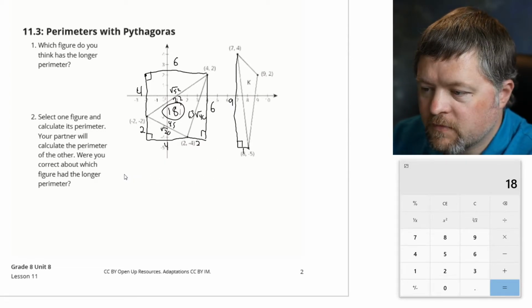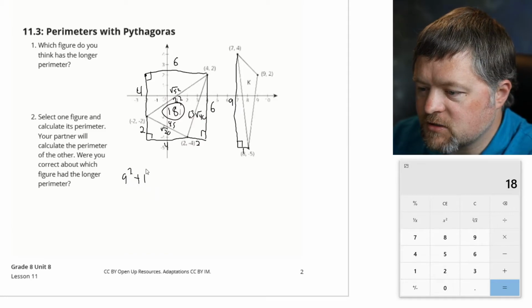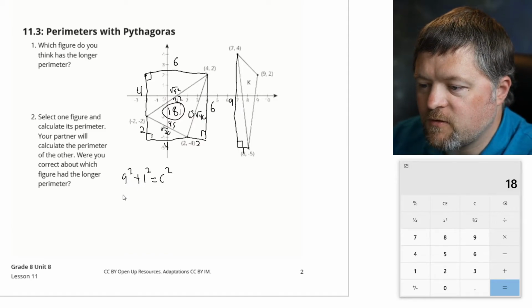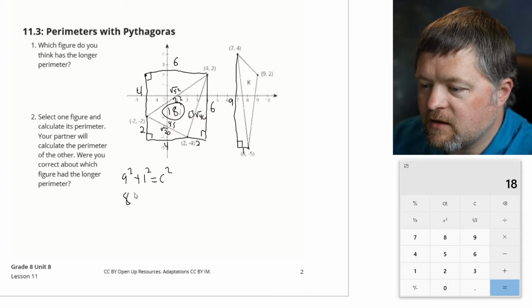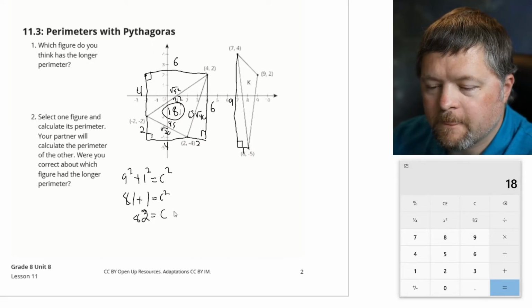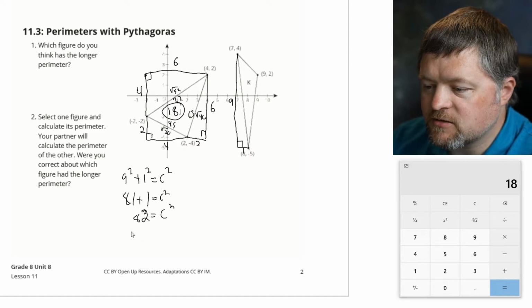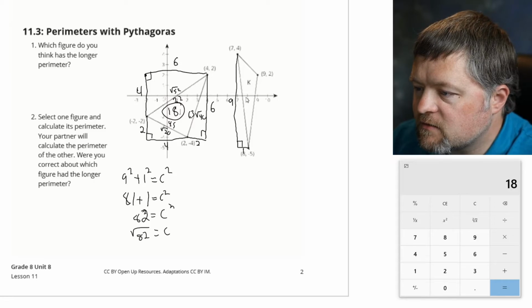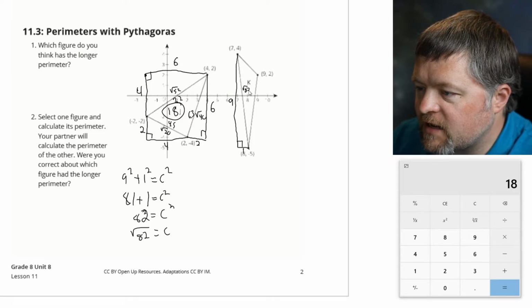So 9 squared plus 1 squared equals c squared. 81 plus 1 equals c squared. So 82 equals c squared, so the square root of 82 is equal to c. So that side length is the square root of 82.